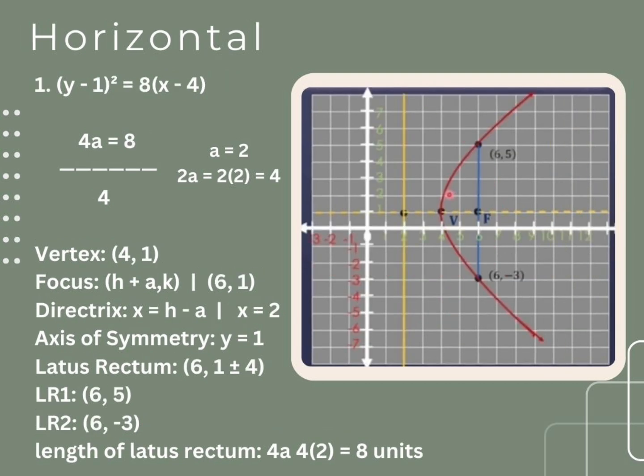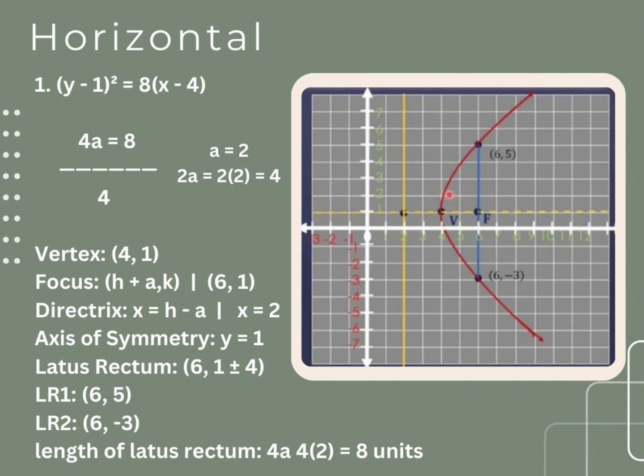Now, let's quickly analyze another parabola equation. (y minus 1) squared is equal to 8 times (x minus 4), where the vertex is not at the origin. The standard form for a parabola opening left or right with vertex (h, k) is (y minus k) squared equals positive or negative 4a times (x minus h).